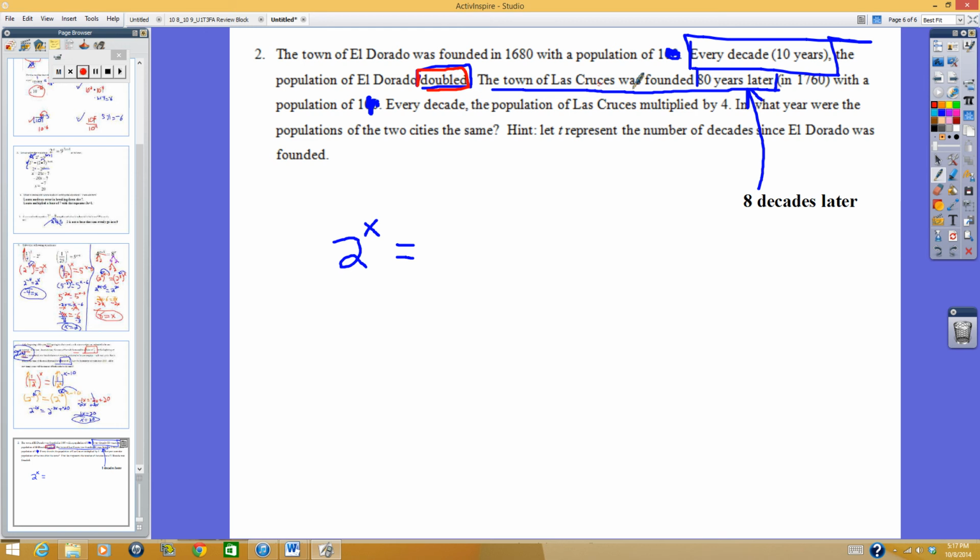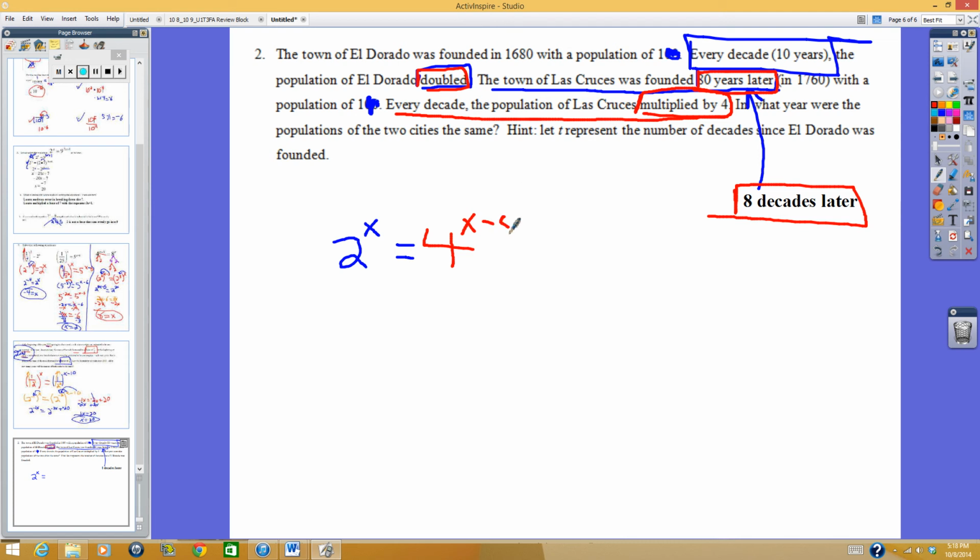Now, Las Cruces, which is the other town, was founded, and every decade the population multiplied by 4. So for Las Cruces, it's going to be 4 to the x power. But wait, they started 80 years later, which I already took a note on, is 8 decades later, because that's how they're measuring time. It even told us in this problem, okay?